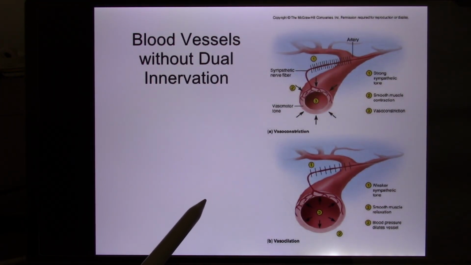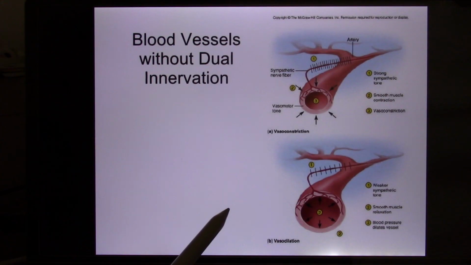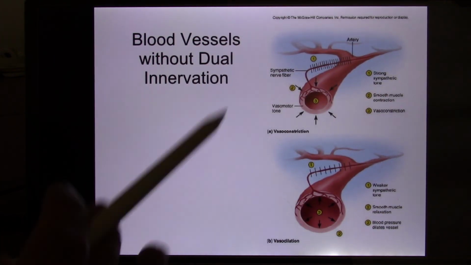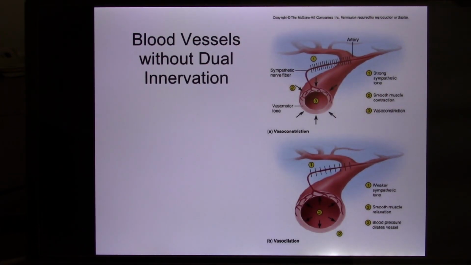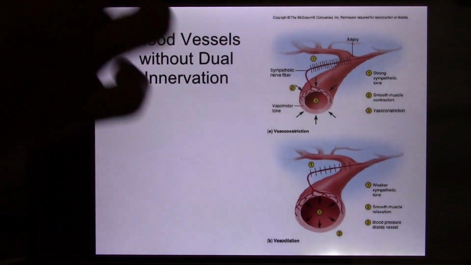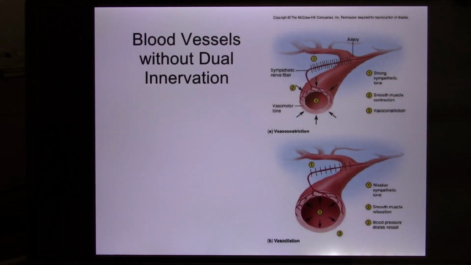And you say, well, how are they able to control vasoconstriction and dilation? It's like when you drive, most of the time you use your accelerator. When you press more, you drive faster. You press less, you drive slower. This is how they change the vasoconstriction. So the blood vessel only has the alpha-1 receptor. Okay, that's it.